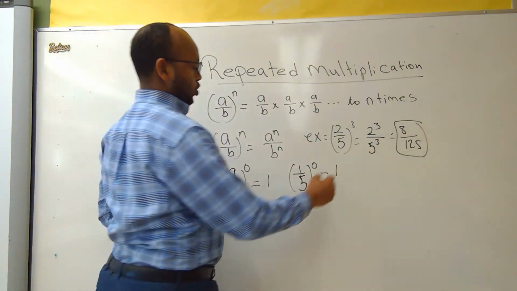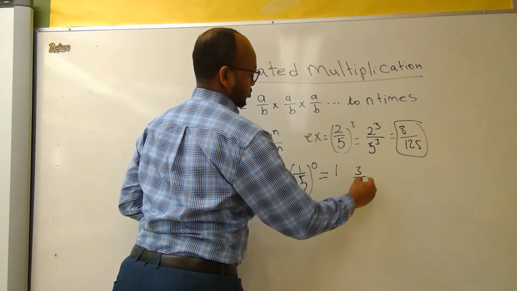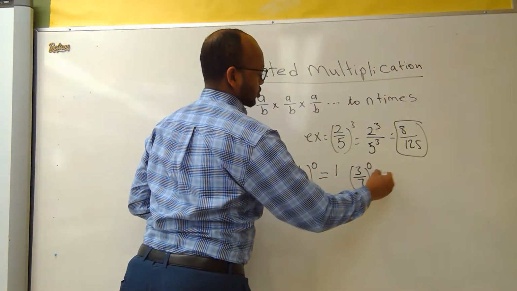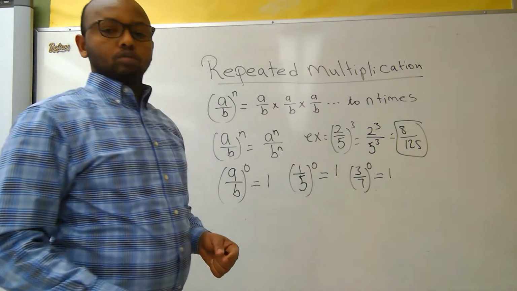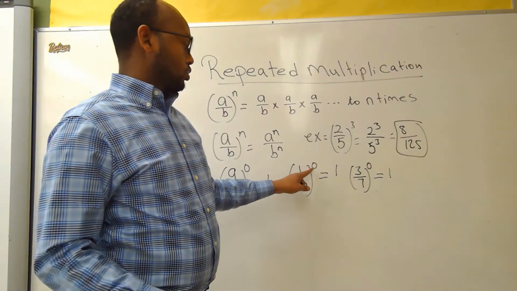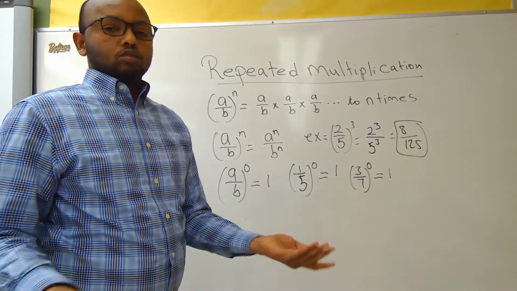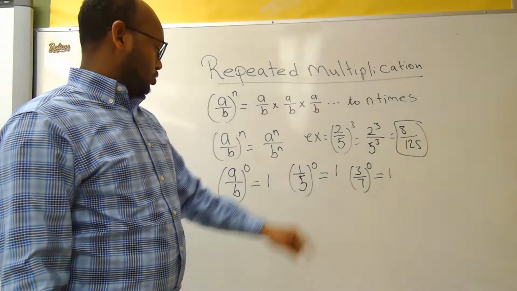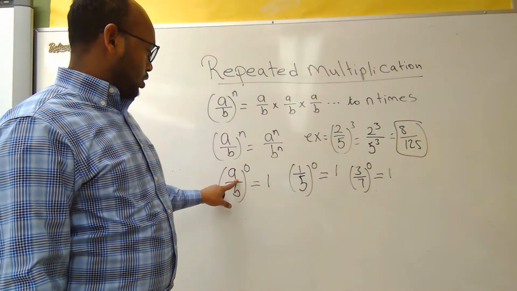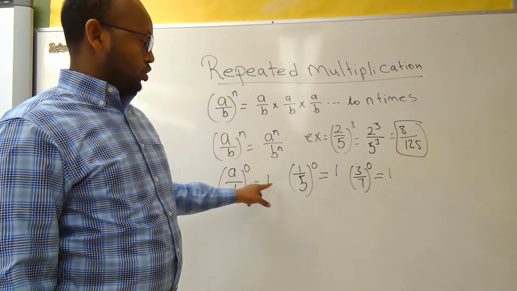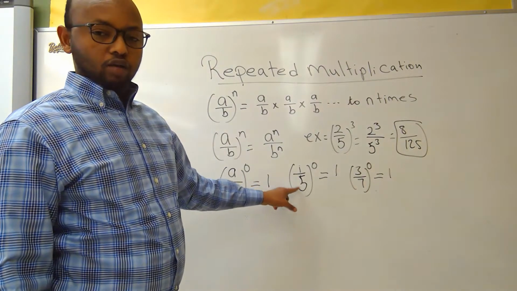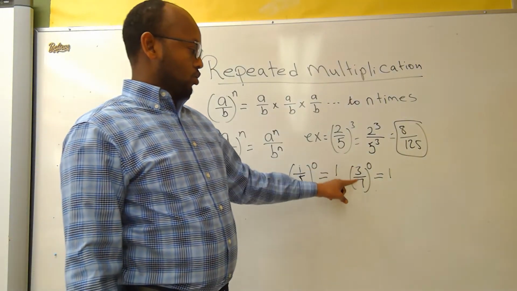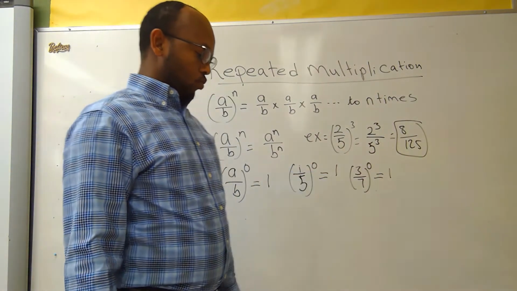If I put 3 over 7 power 0, it will be 1 also. So a over b power 0 is equal to 1. 1 over 5 power 0 would be 1. 3 over 7 power 0 will be 1.